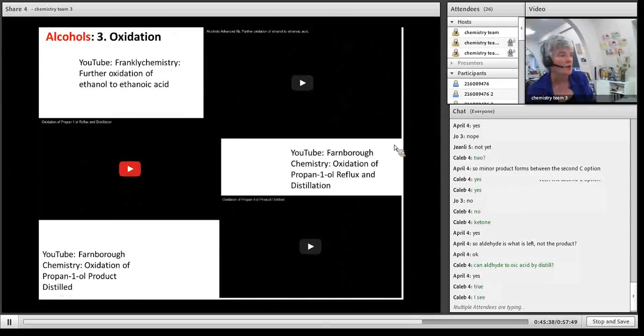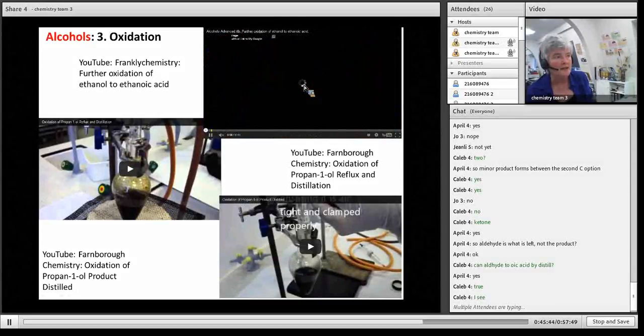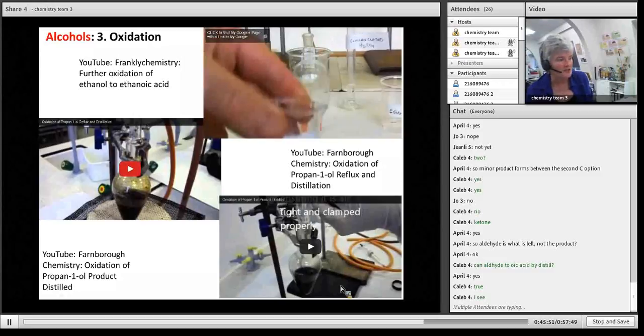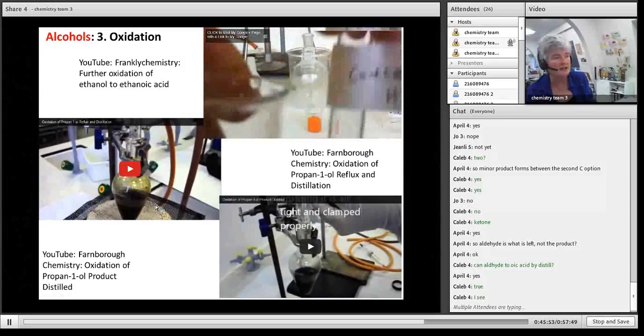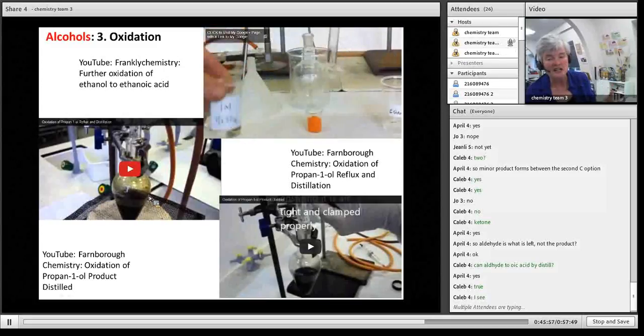Okay, right. And as I say, there's lots of videos here that you can watch. Why these are important is the color changes. So can you see it looks a bit of a dirty green color? Dichromate, I hope you know, is orange.